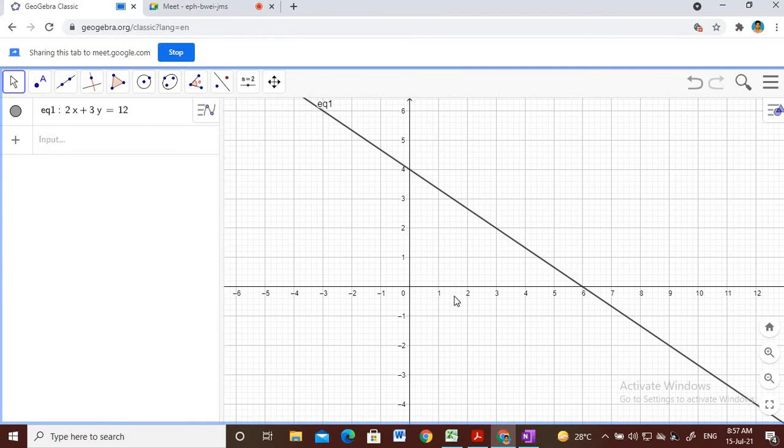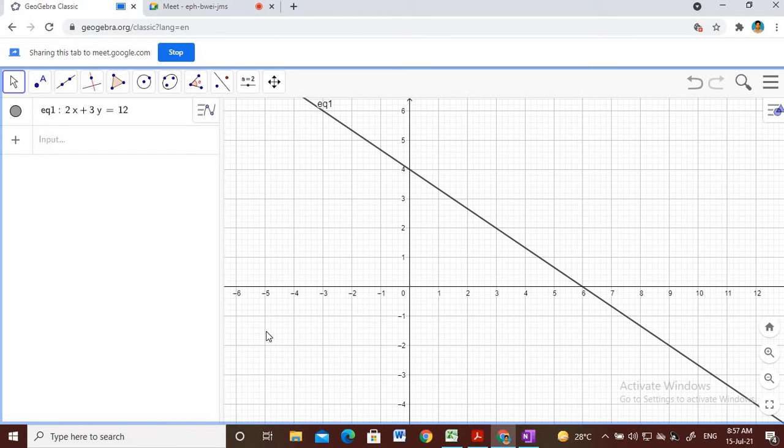So this is the graph of the equation 2x plus 3y is equal to 12. When I type any equation here, this application will give the graph of that equation, whatever it is.